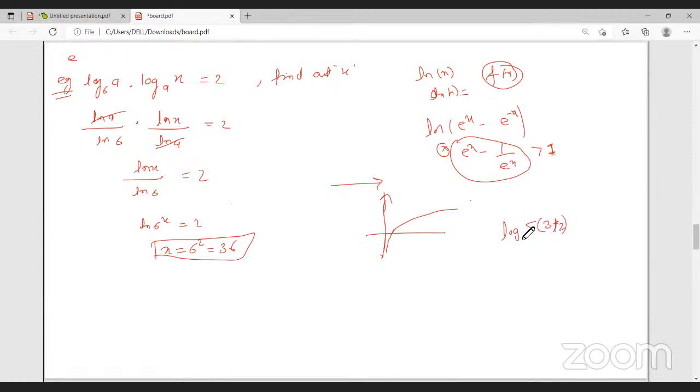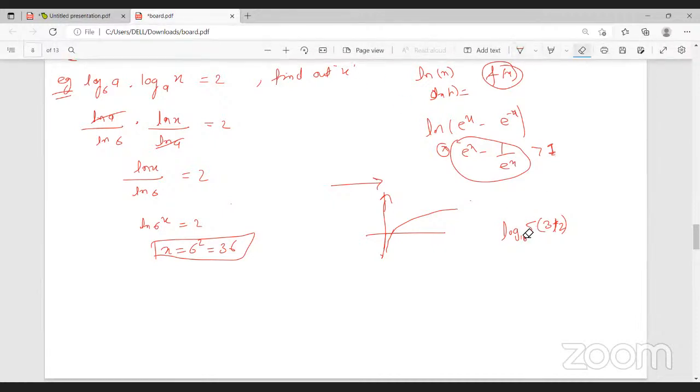Is there any base? Yes, base 5 is the base. Okay, so it is log of 3/2 to the base 5.